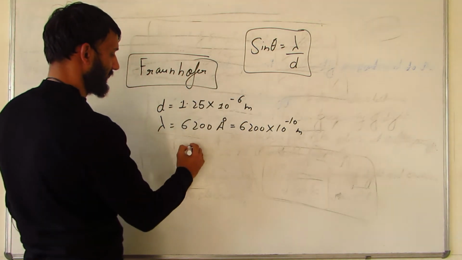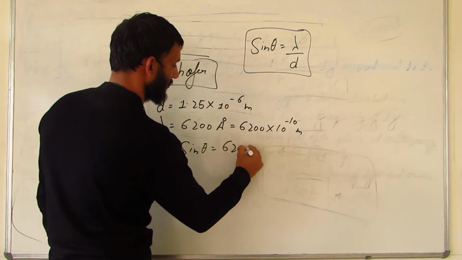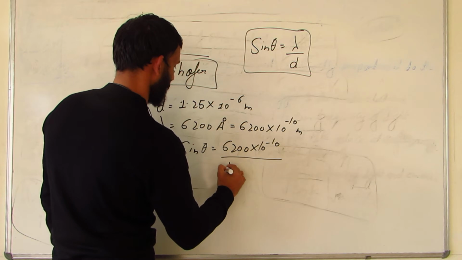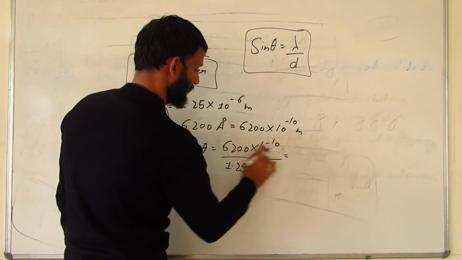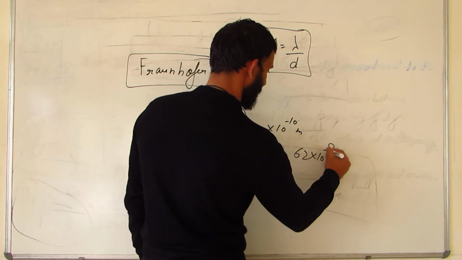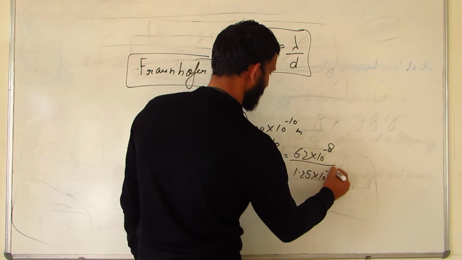So using this formula, sin theta equals lambda, which is 6200 into 10 to the power minus 10, upon 1.25 into 10 to the power minus 6. We can write this as 62 into 10 to the power minus 8 upon 1.25 into 10 to the power minus 6.